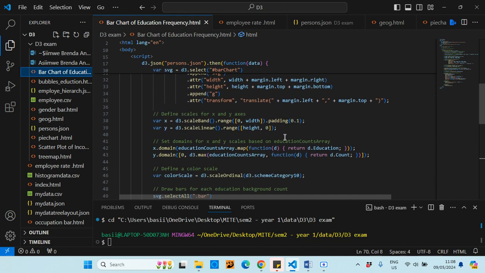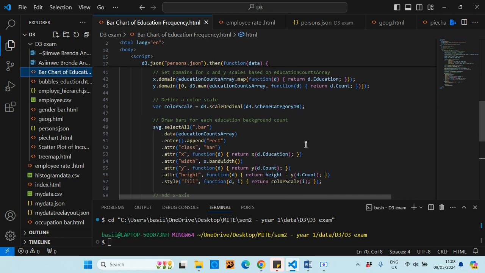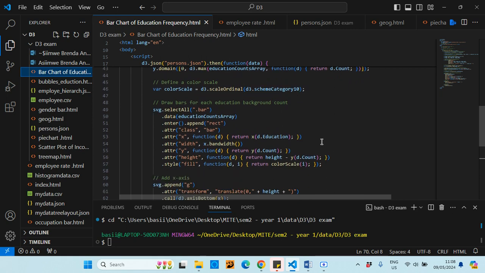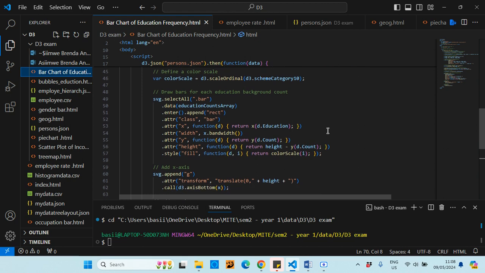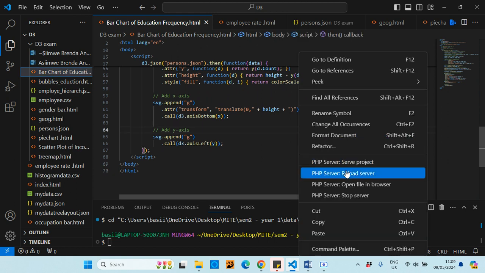We create the X and Y axes, and then we set domains. Then we create the attributes for the bar chart, and then we create the axes, where the label will be positioned, and its color.